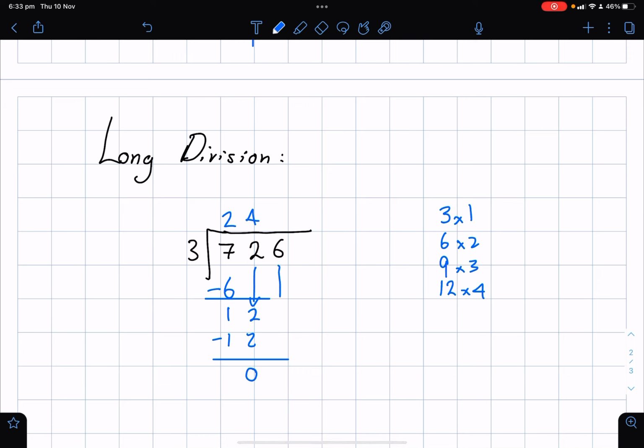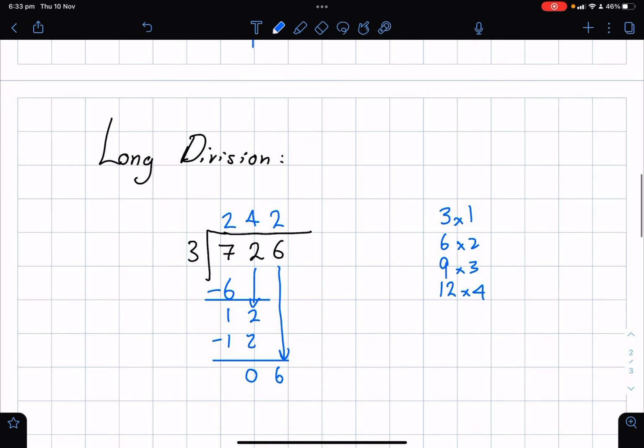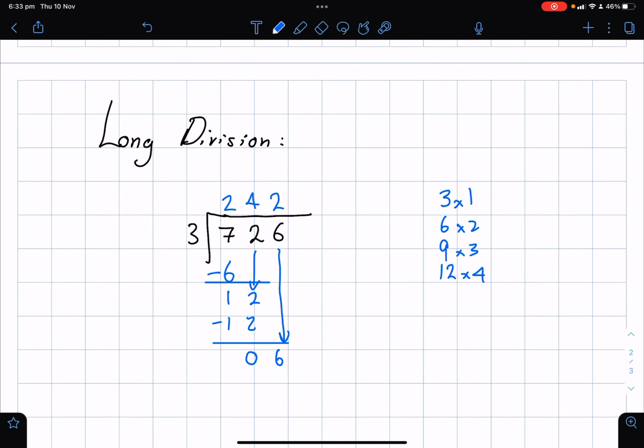Okay, so now we bring down our final digit down to here. Now, how many times does 3 go into 6? Well, looking over here, it goes in 2 times. Now, let's just check if we have a remainder. 2 times 3 is 6. When we subtract that, we get 0. So there is no remainder in this question. So 726 divided by 3 is 242.